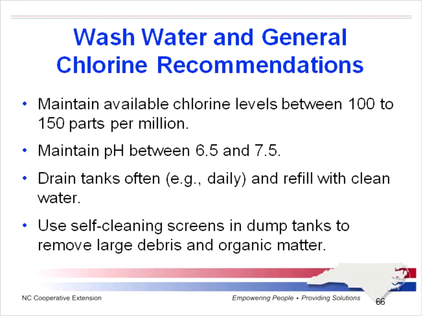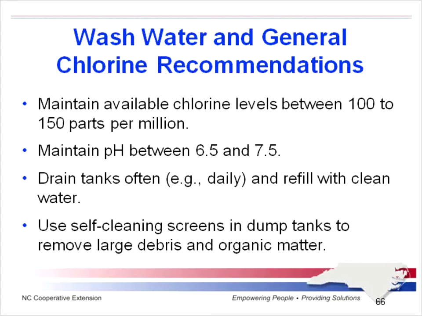I'll talk about chlorine a little bit because that's the most commonly used sanitizer. You want to maintain those levels of chlorine between 100 and 150 parts per million, depending on the produce that's being washed. The pH needs to be between 6.5 and 7.5.